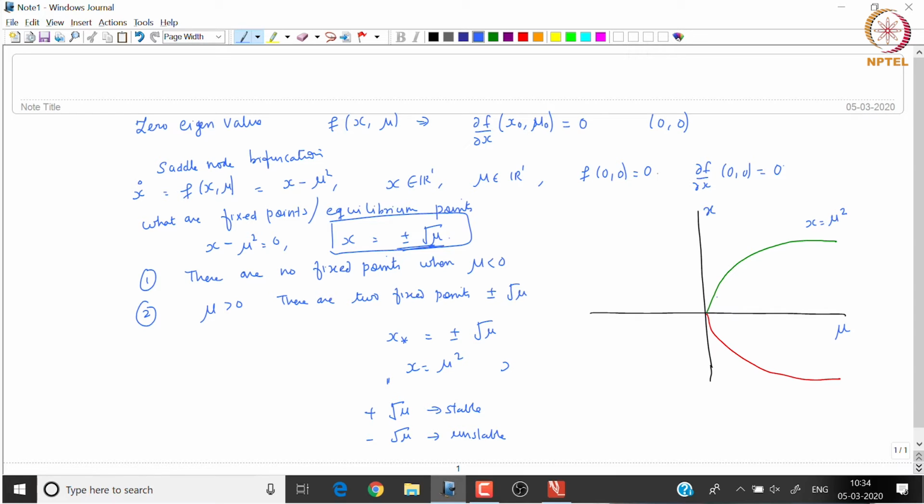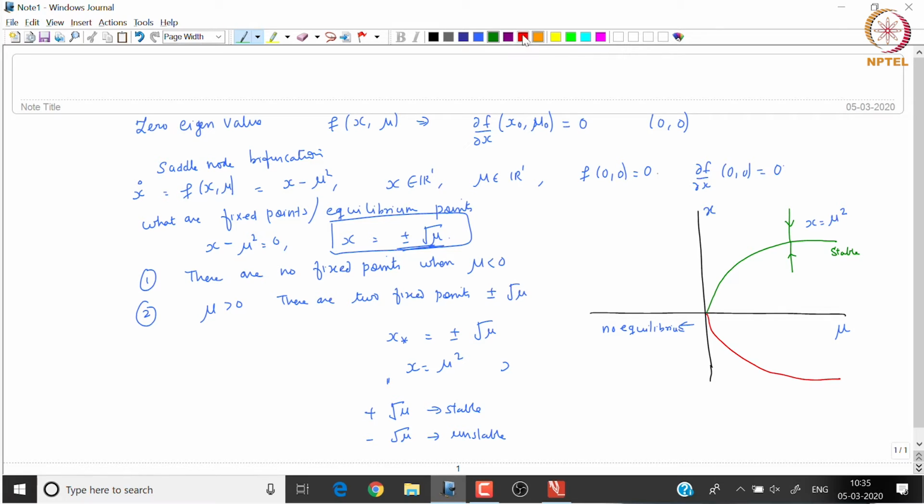So what we see from this picture here is that when mu is less than 0, there are no equilibriums. For mu greater than 0, the equilibrium points move through this green line, which is stable. So if I were to draw the vector fields around this, they would approach this point and so on, okay.